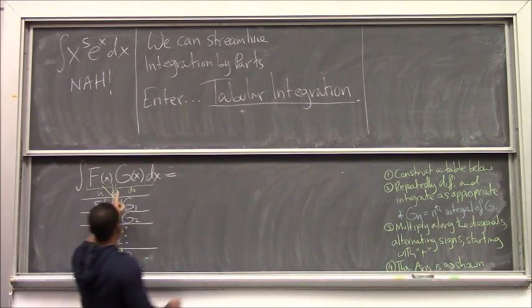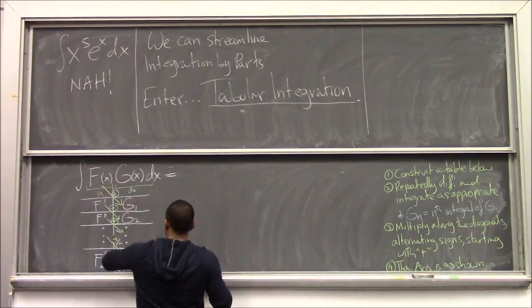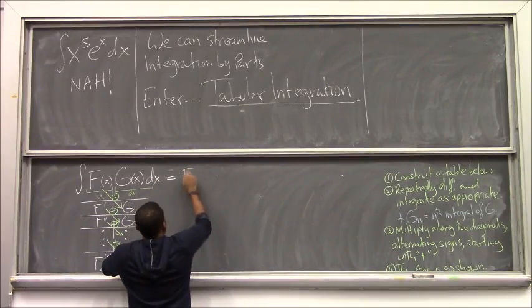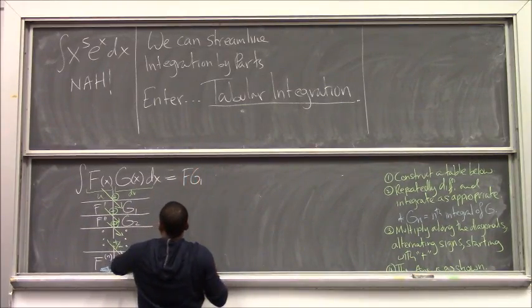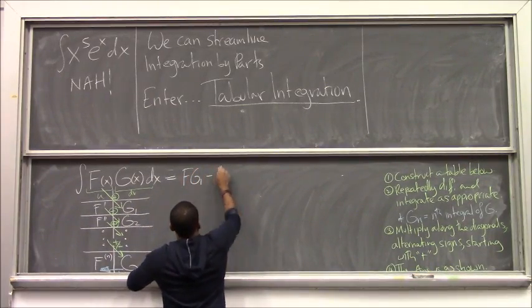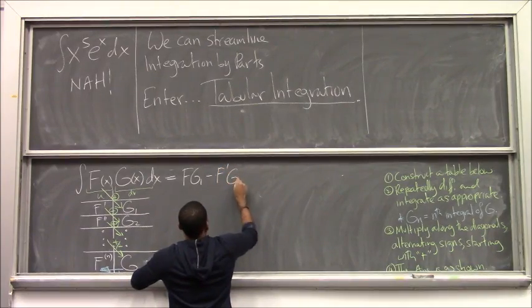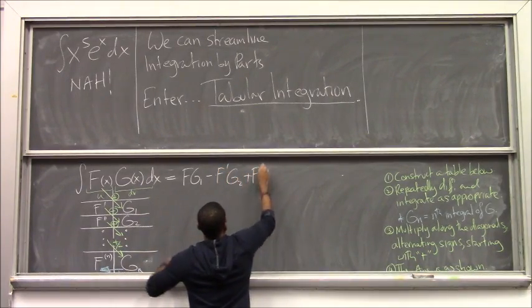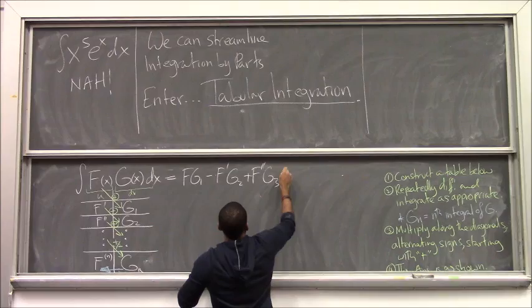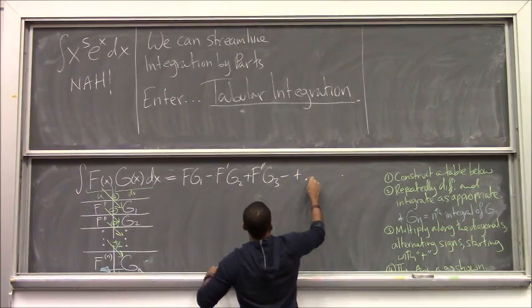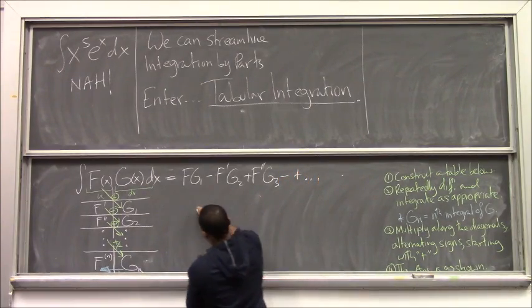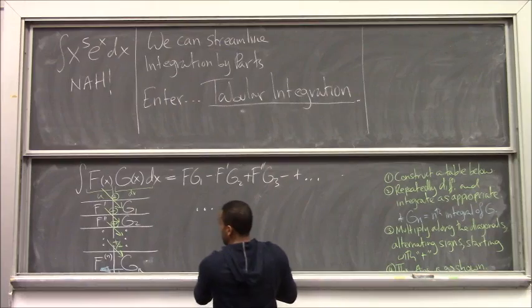So it's going to be positive f times the first integral of g, minus f prime times the second integral, plus f double prime times the third integral, and so on. Minus, plus, dot dot dot.